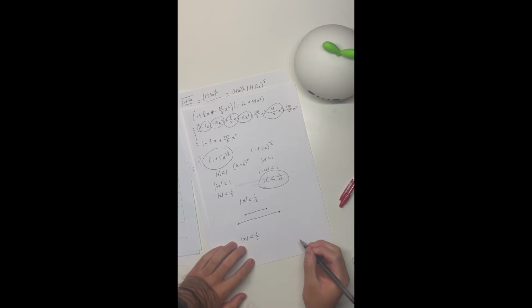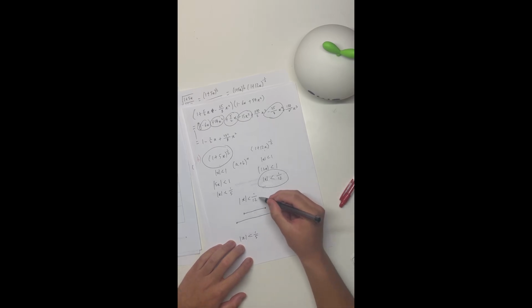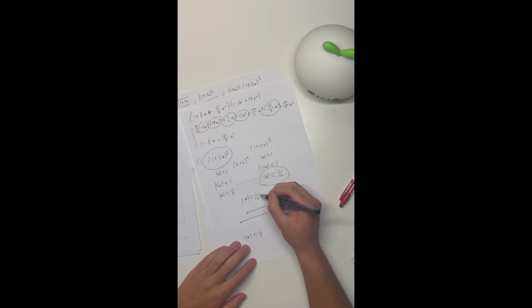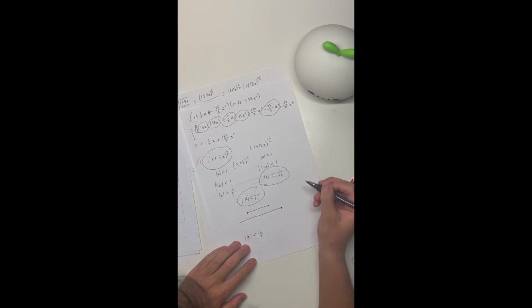We know that absolute value of x smaller than 1 over 12 also fits into the range of absolute value of x smaller than 1 over 5, but 1 over 5 doesn't fit into the 1 over 12 range.